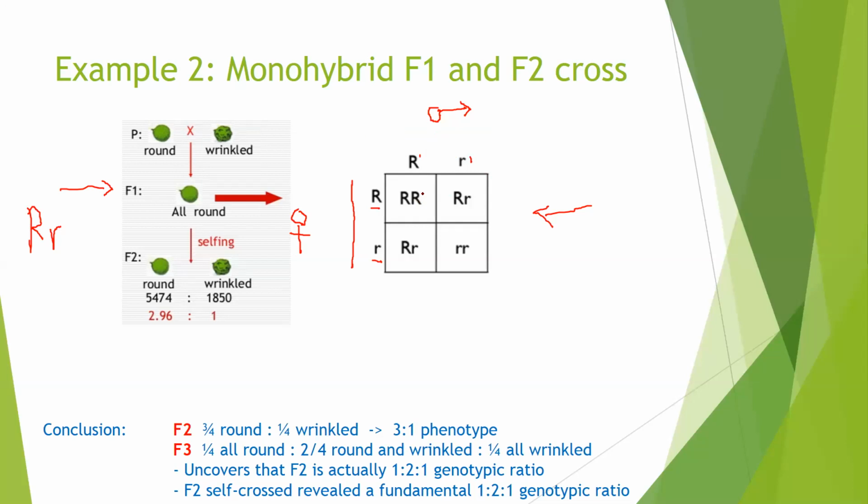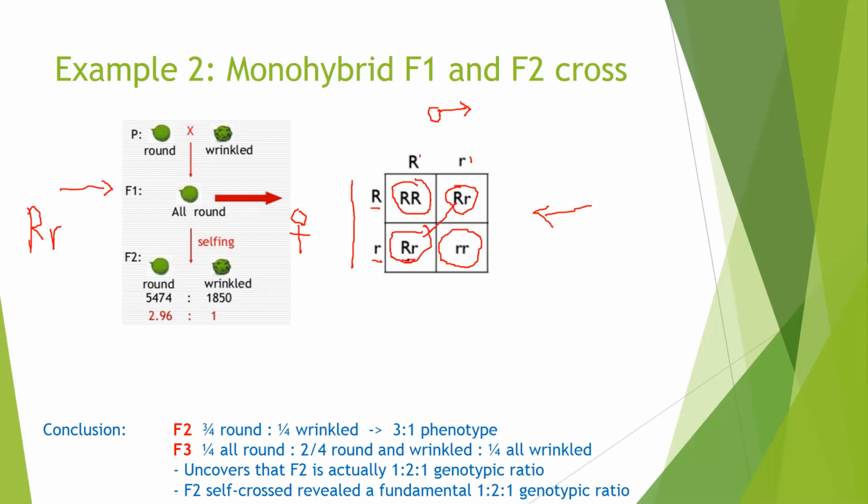So there are four possible outcomes here. 1, 2, 3, 4. And if you look very carefully, you're going to see this one is the same as this one, right?